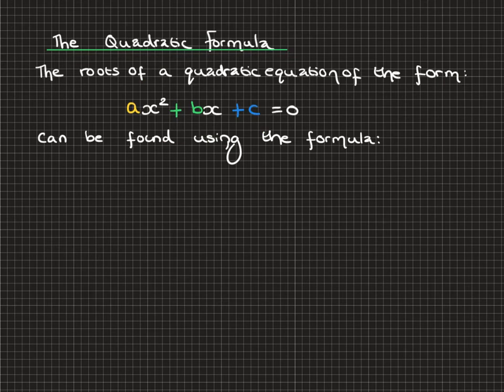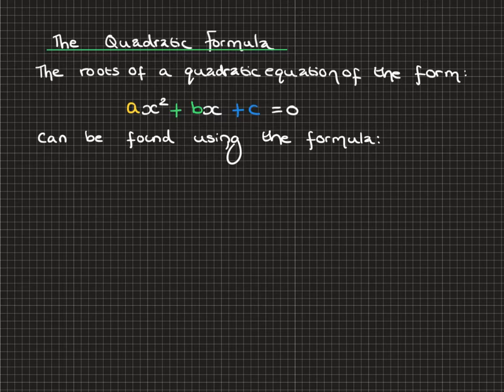So let's introduce the quadratic formula. The roots of a quadratic equation, which is written in the form ax squared plus bx plus c equals 0, where a, b and c are numerical values, can be found using the following formula.